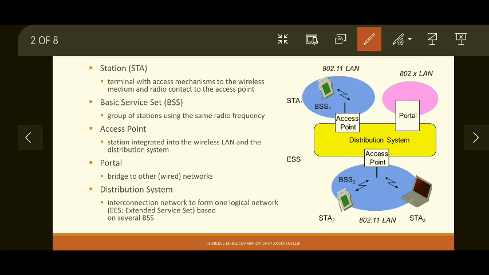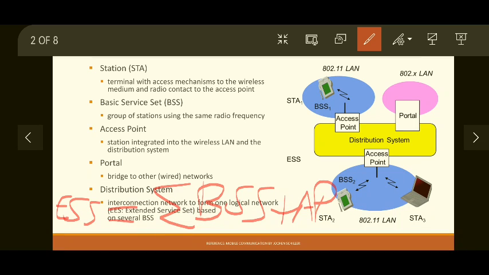Here by mistake it is typed as EES, it should be ESS. So the extended service set is the summation of all BSS plus access points.